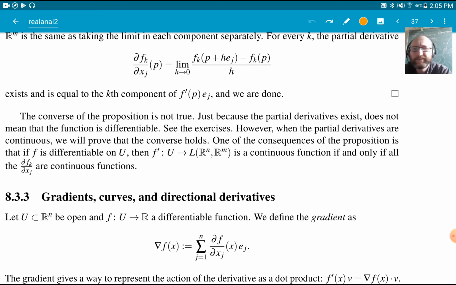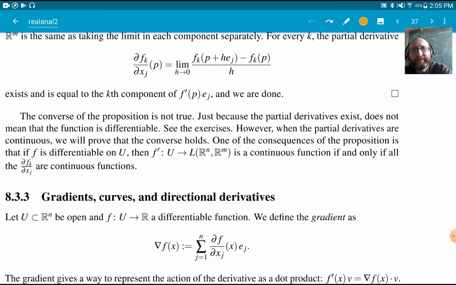By the way, the converse of this proposition is not true. Just because the partial derivatives exist does not mean that the function is differentiable. So that's a little bit of a bummer, because we have lots of calculus and can compute the partial derivatives in many ways.